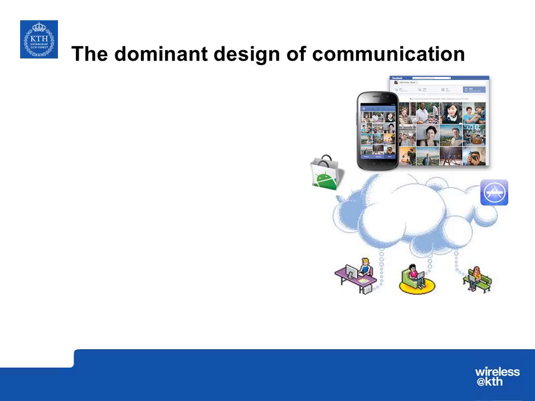Let's have a look at how the Internet of Information is designed today. Today, the design is completely dominated by the cloud paradigm and IP, the Internet Protocol. Almost all applications today are designed where smartphones and computers are connecting to remote servers over high-speed, preferably wireless links, using the IP protocol.